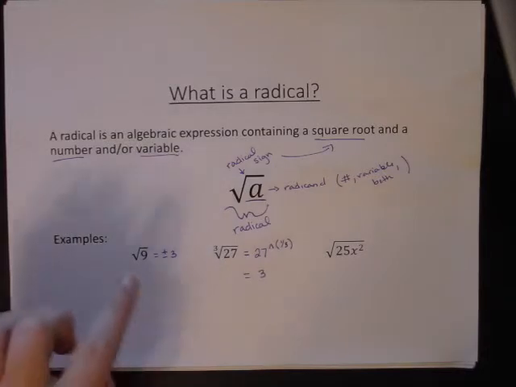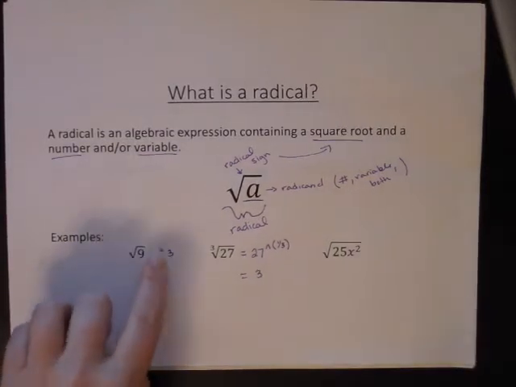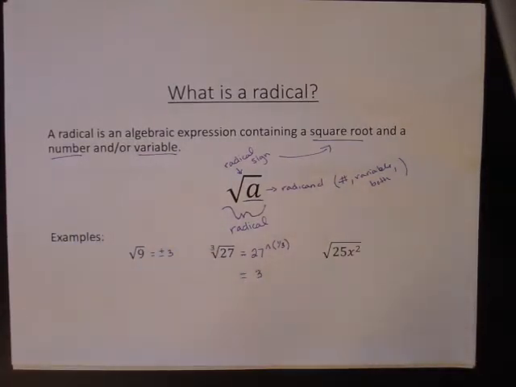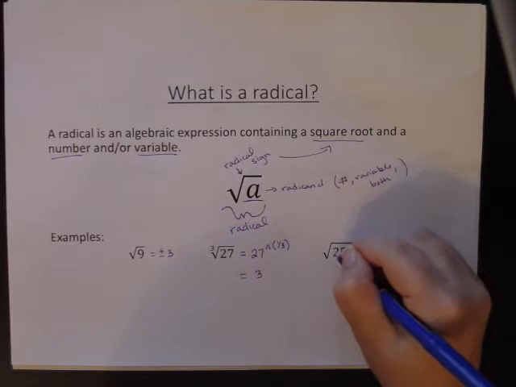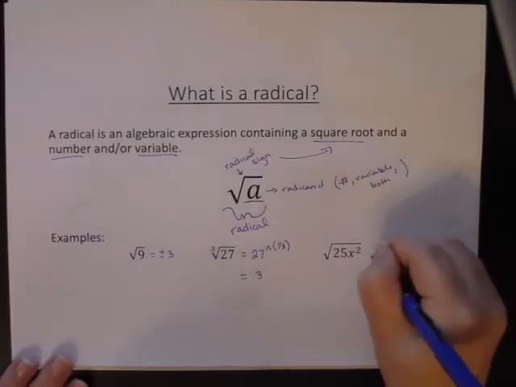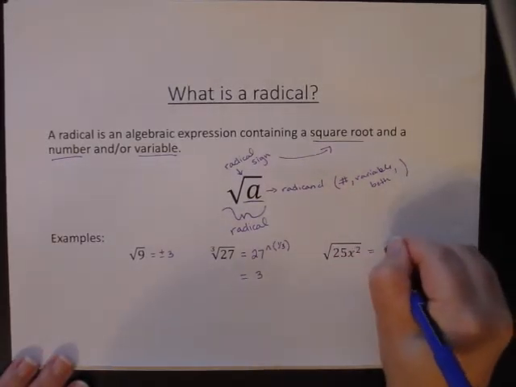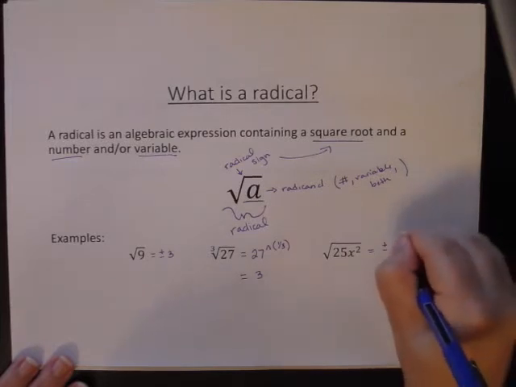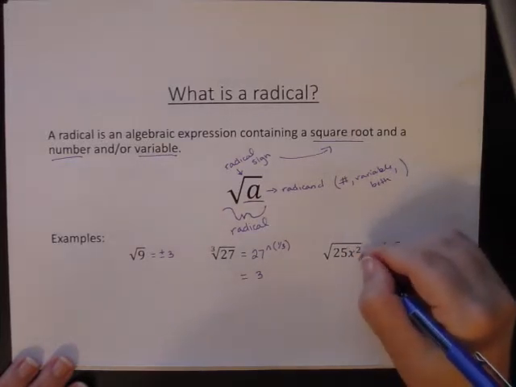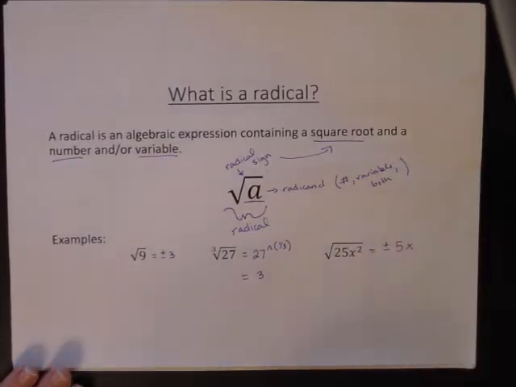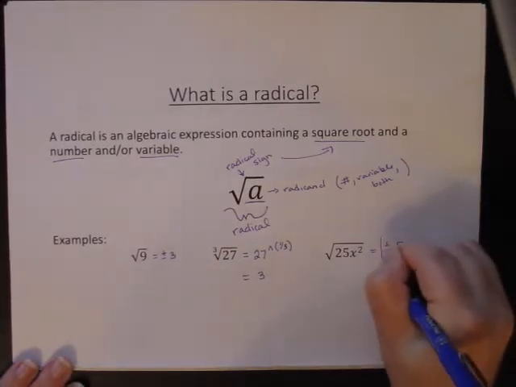So if it's an even root, make sure you carry the plus or minus. If it's an odd root, it carries whatever the sign is. So since it was a positive 27, we're going to keep that positive. And then the last one is the square root of 25x squared. Because it's an even root, we're going to put plus or minus. Square root of 25 is 5. And then the square root of x squared is just x. Okay, so that will be this answer.